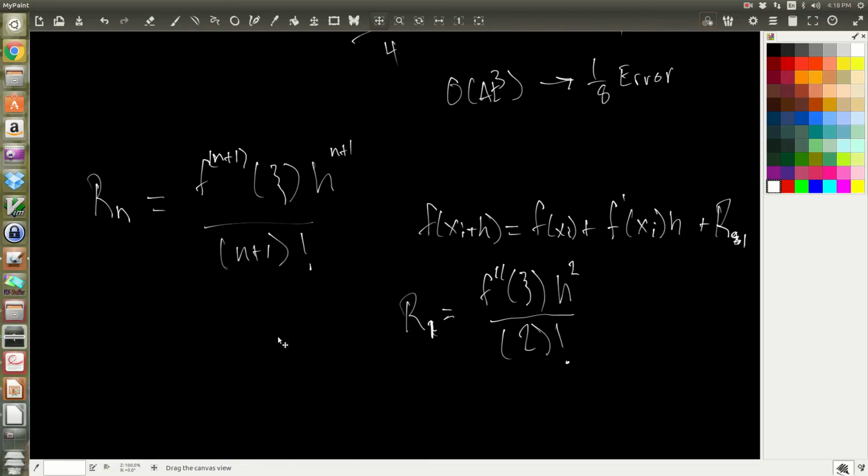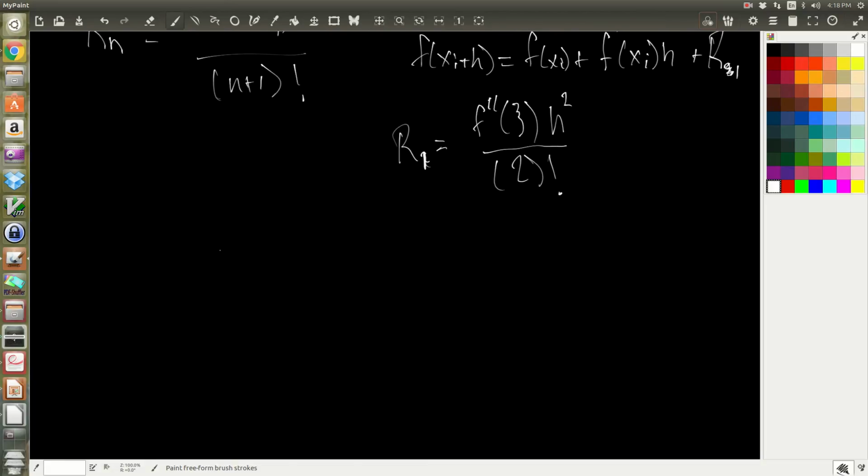Now, the definition of psi is just that psi is said to be between xi and xi plus h.